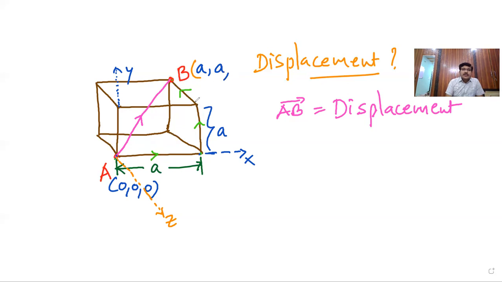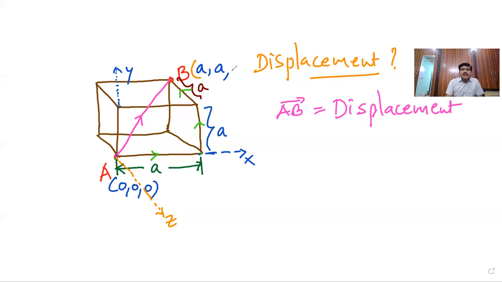But observe, outward Z is positive, but the man is walking a, but inward. The arrow mark shows inward, and this is outward. So it is minus a.